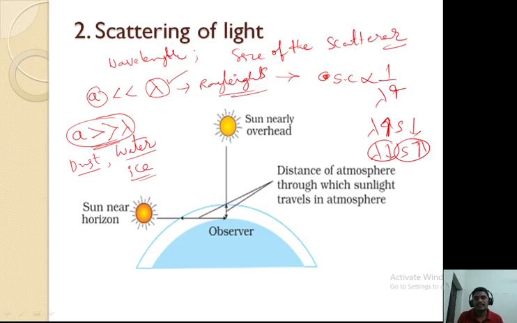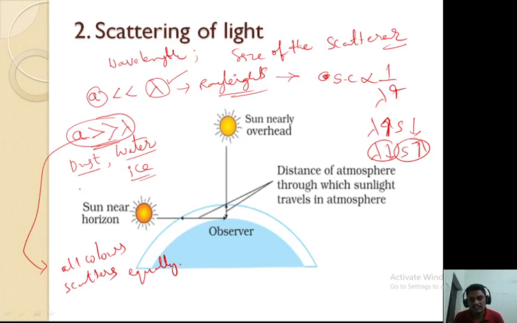Rayleigh scattering does not take place. Almost all the colors are scattered nearly equally, not exactly, nearly equally. So we cannot see domination of one color in the sky.